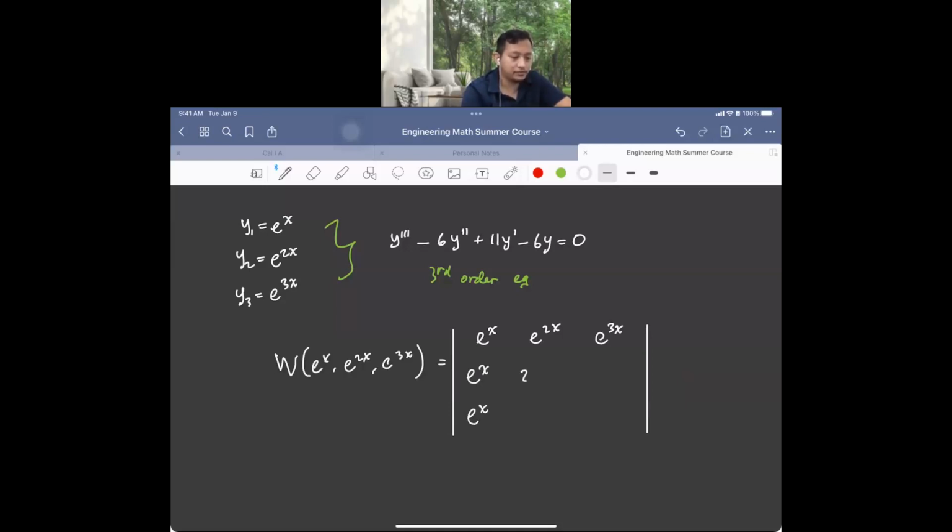And we need to differentiate at least twice, right? And of course, you need to review some concepts in mathematics, for example, finding this 3 by 3 determinant.